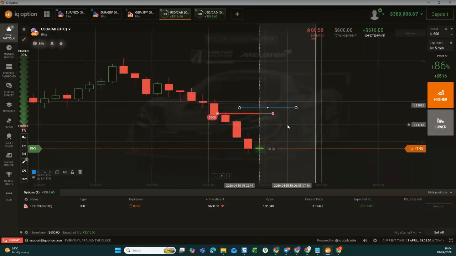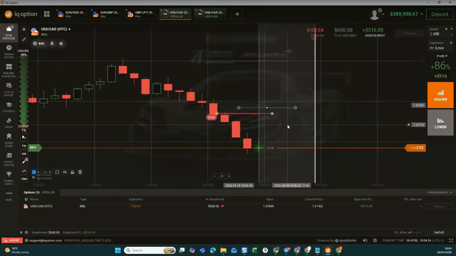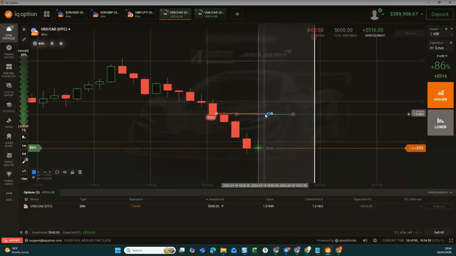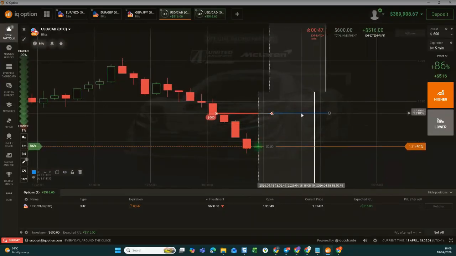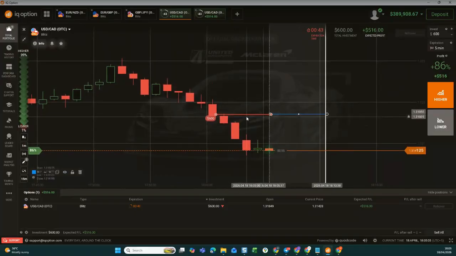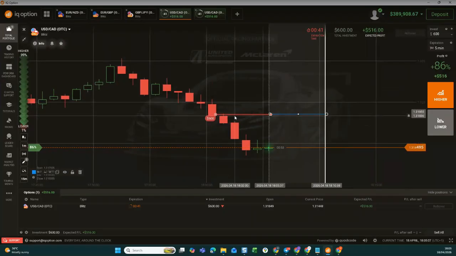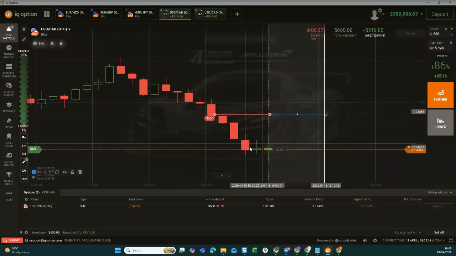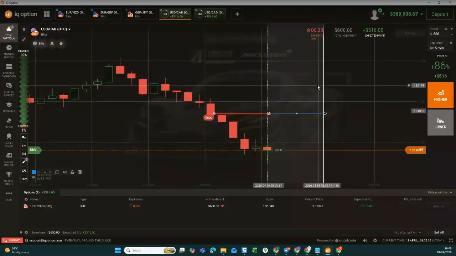Let's say you want to sell, the price should stay below your entry. For example, we sold here about 5 minutes ago, close to 5 minutes now. We sold at this line, at this price, and the AI predicted that the trade would go down and stay below your entry for 5 minutes.